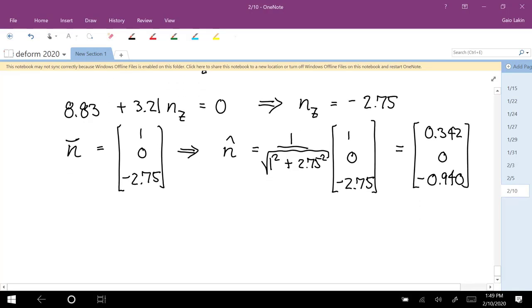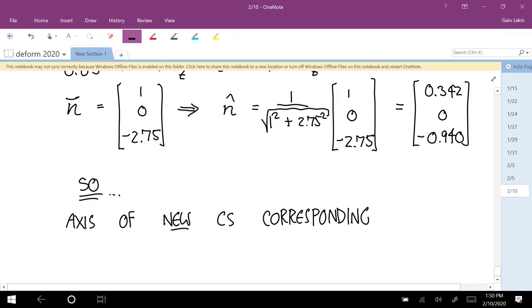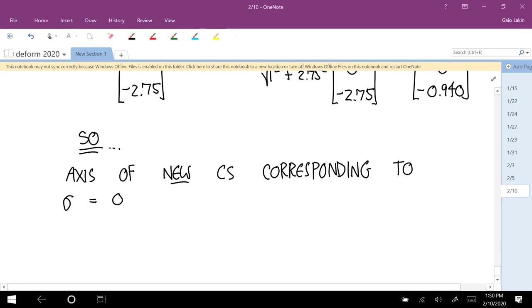So that says that the axis of the new coordinate system corresponding to the principal stress of 0 is plus or minus, it can be either direction, 0.3420, 0, negative 0.940.